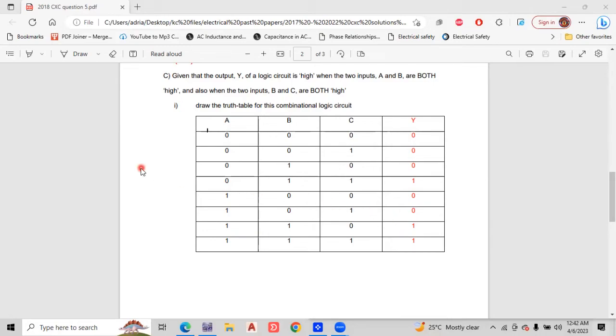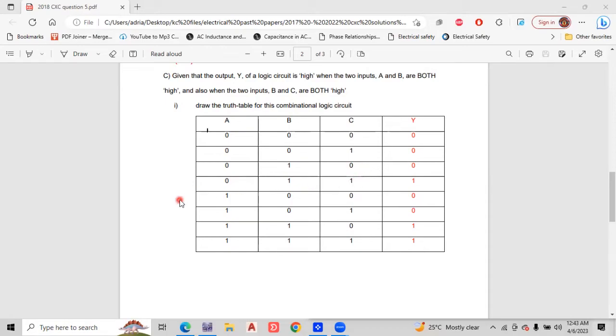So for the first row, we have 0, 0, 0. That's for A, B, and C input. For the second row, for A, we have 0. For B, 0. For C, 1. For the third row, for A, 0. For B, 1. For C, 0. For the fourth row, for A, 0. For B, 1. And for C, 1.